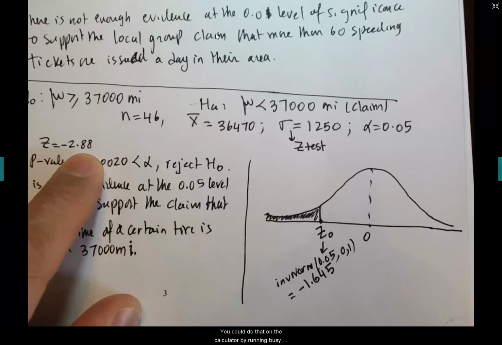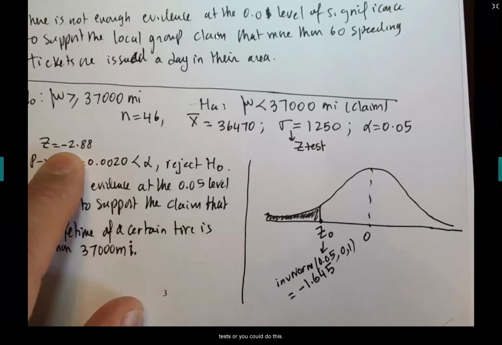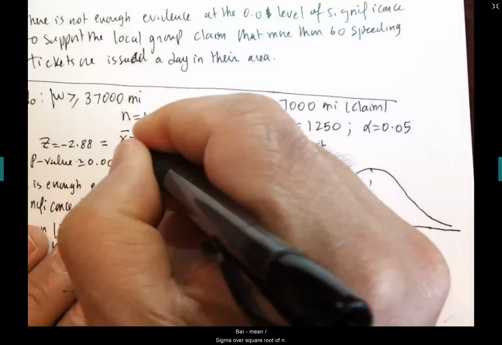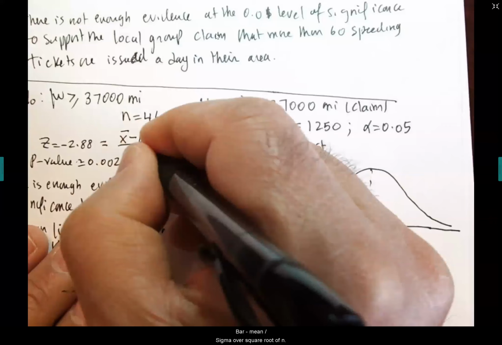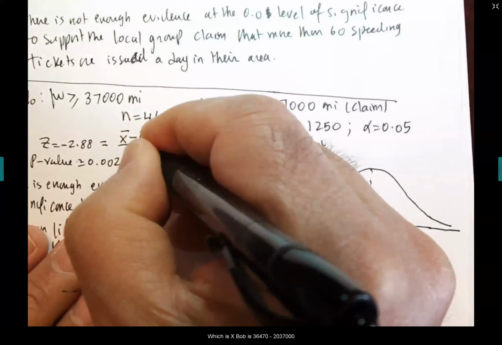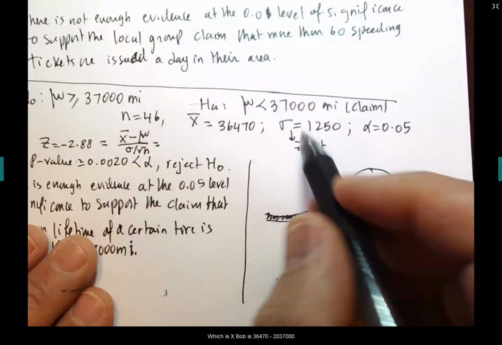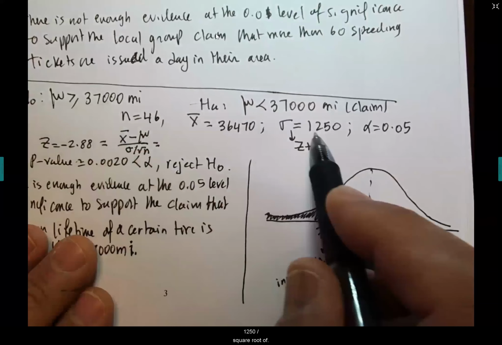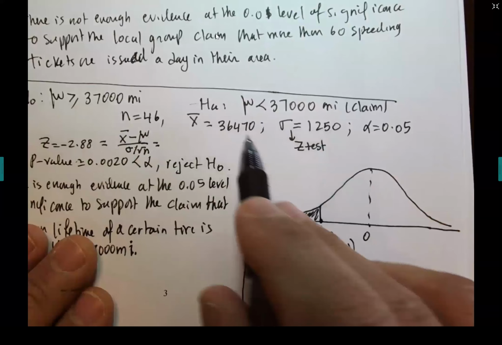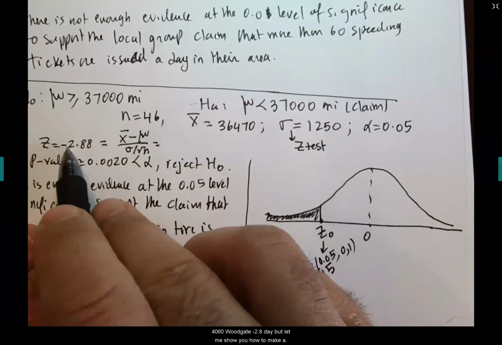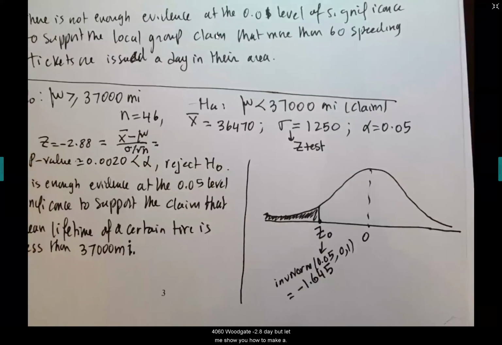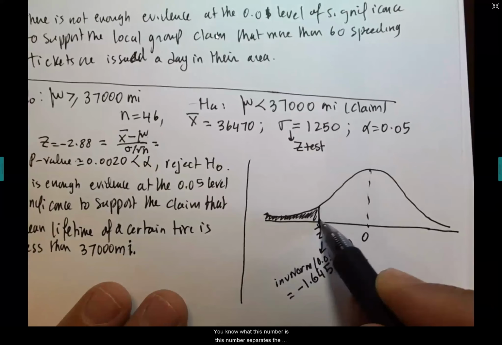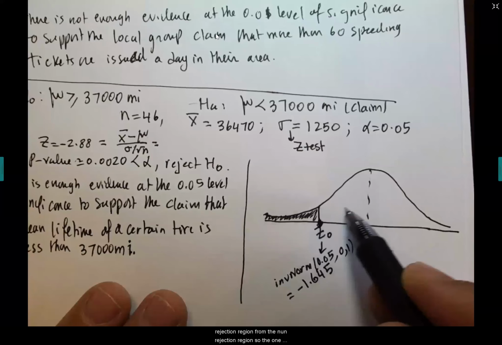You could do that on the calculator by running the z-test, or you could do this, guys: X bar minus mean, divided by sigma over square root of n, which is 36,470 minus 37,000, divided by 1250 over square root of 46. You will get negative 2.88. But let me show you how to make a decision. This number separates the rejection region from the non-rejection region.